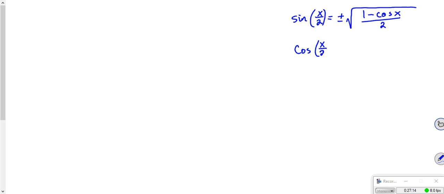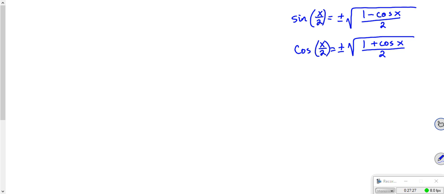Now, quickly, let me go over the half angle formulas. Sine of x over 2 equals plus or minus, and it depends on what quadrant it's in, the square root of 1 minus cosine x divided by 2. Cosine of x over 2 is plus or minus the square root of 1 plus cosine x over 2.